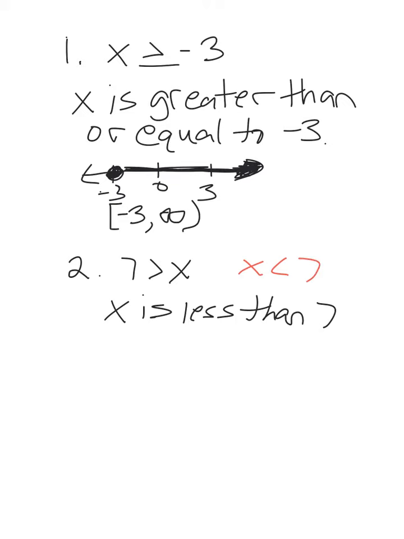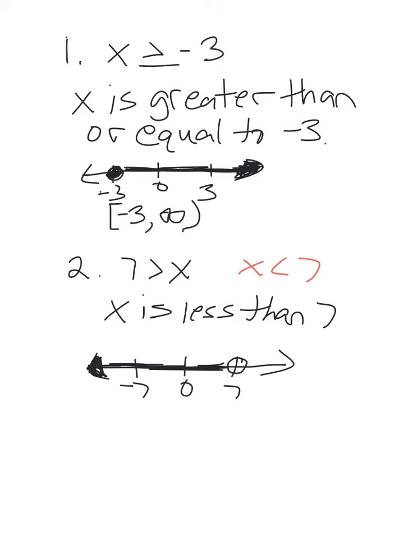On our number line, let's just throw a -7, 0, 7. Around the 7, because there's no line underneath our symbol, it's just an open circle, meaning it's not part of the solution. So because it's less than, numbers less than go to the left, so we shade to the left.